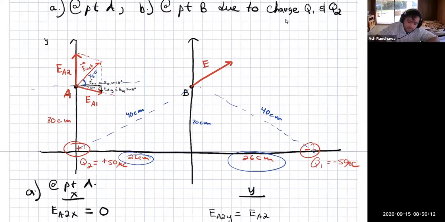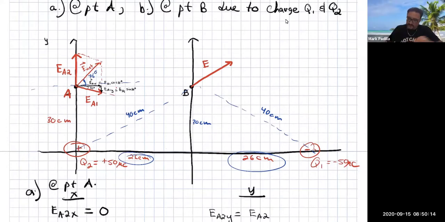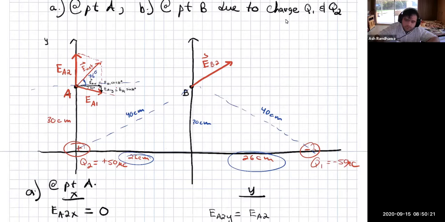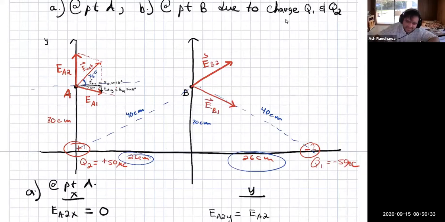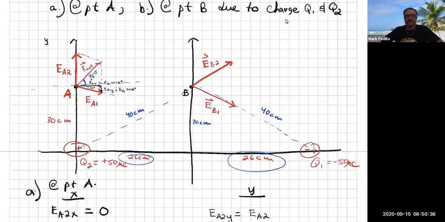EB1 or EB2. EB2. Which way would EB1 point? Just reflected across the y-axis. Wait, no. Hold up. Down towards. EB1.